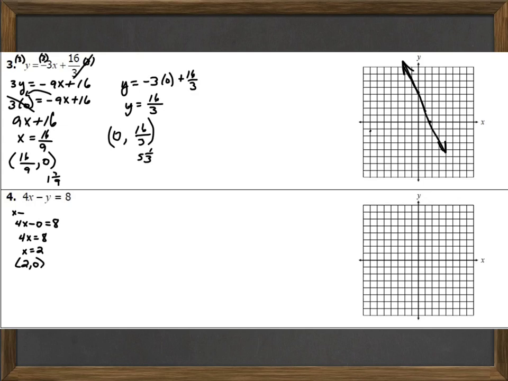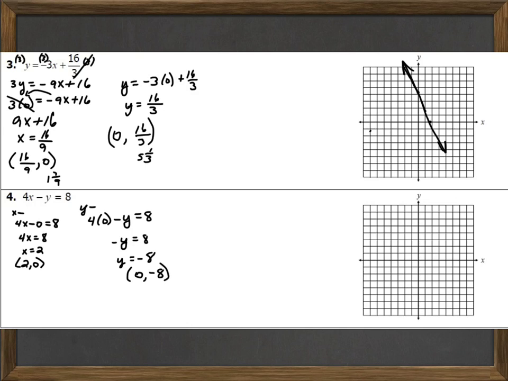And for the y-intercept, I have 4 times 0, my x equals 0, minus y equals 8. So negative y equals 8. So positive y equals negative 8. And so that point is 0, negative 8.